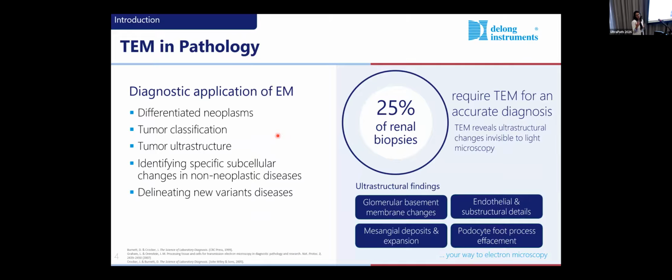However, it's in renal biopsy that we see most of the applications for EM. So GBM, other structures, or any type of deposition or fingerprint structures, all this can be identified with electron microscopy.